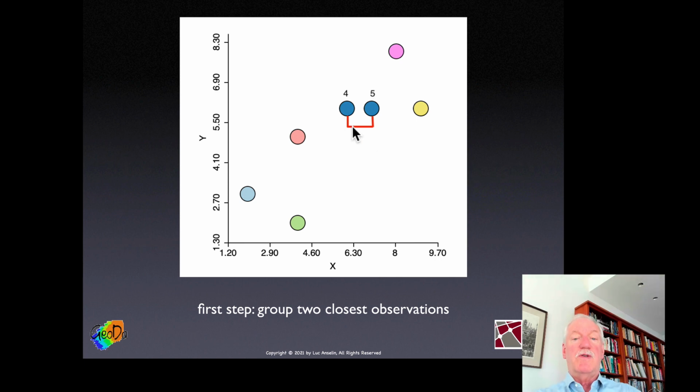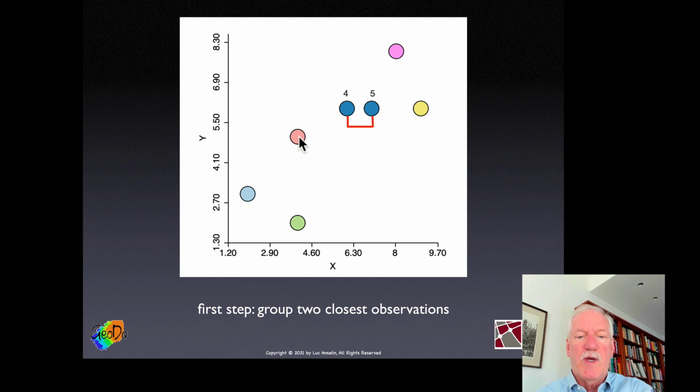Now at this point, we need to figure out how we're going to compute the distance between these other points and 4 and 5. For this illustration, I use what is called single linkage, which is the nearest neighbor distance. So the distance between yellow and the cluster is the distance between yellow and 5.